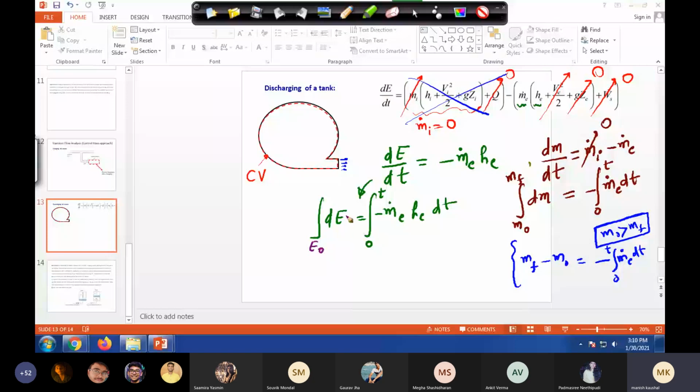This is all about the CV, this fixed region in space. That's what we do in CV. Okay, fine. h e is a constant because this is the enthalpy at the exit. So there will be some pressure and temperature condition at the exit. So this is h e.